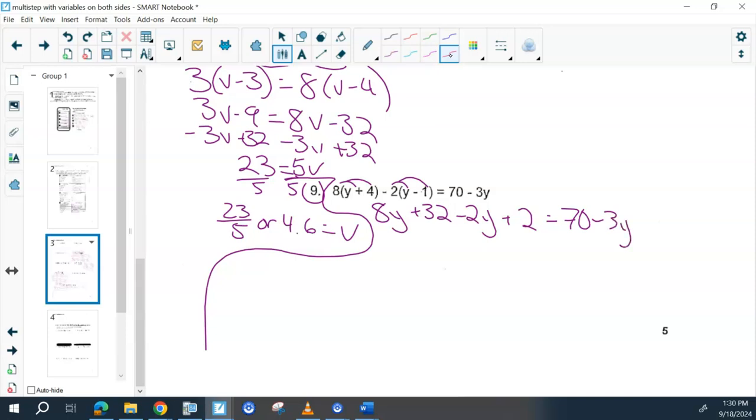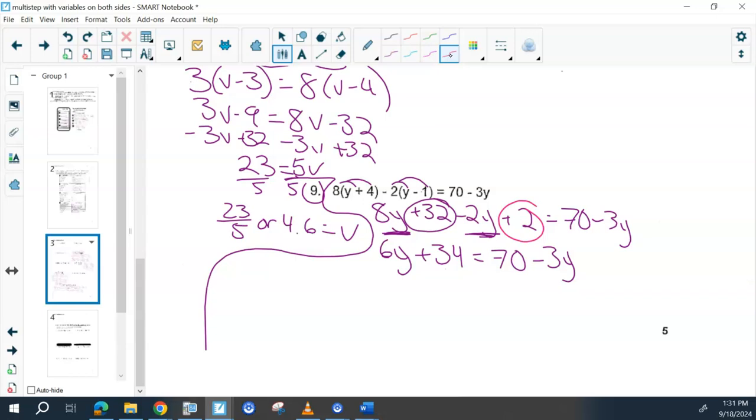What would be our next step? So those like terms would be the ones with y's and the numbers. So that would be 6y plus 34 equals 70 minus 3y.